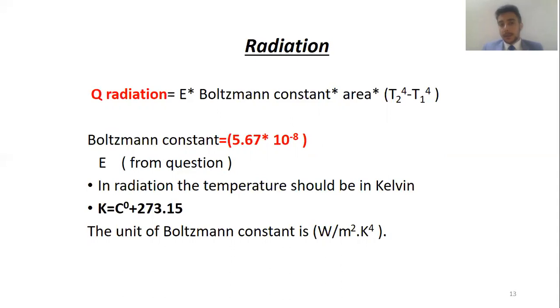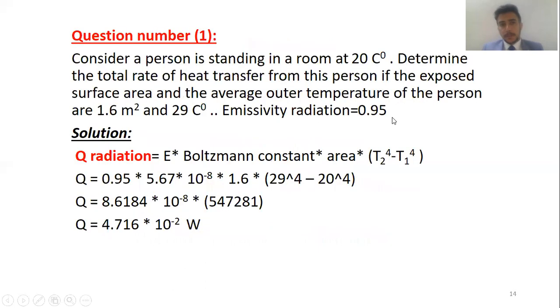You must know the Boltzmann constant, which is equal to 5.67 multiplied by 10 to the power minus 8. Multiply by the area and multiply by the difference in temperature. This temperature is to the power 4: T2 to the power 4 minus T1 to the power 4.